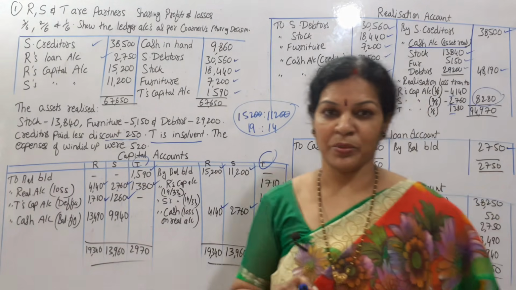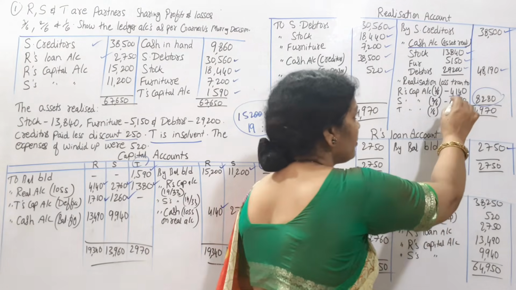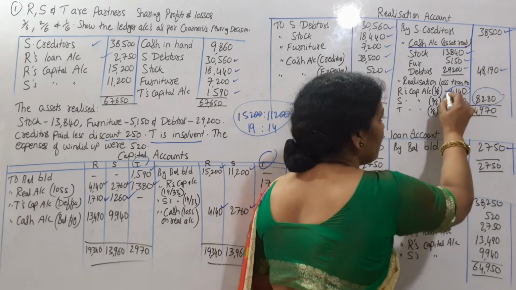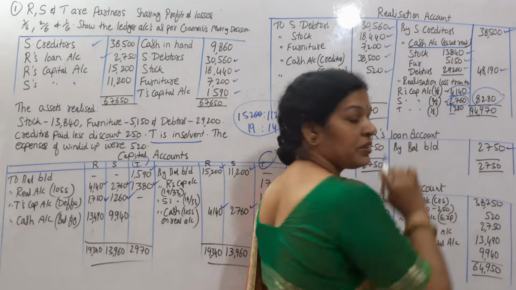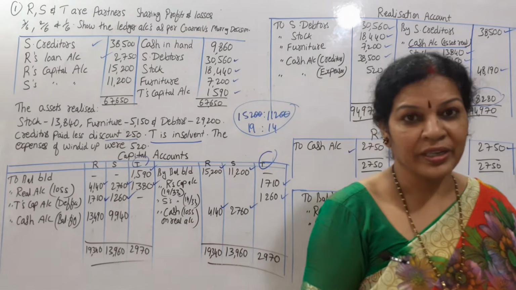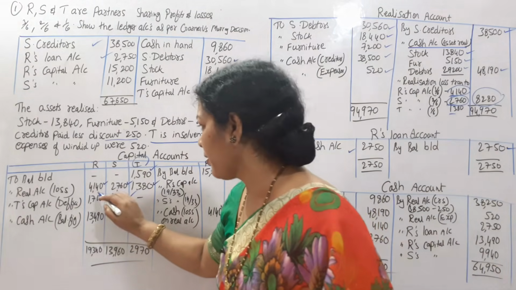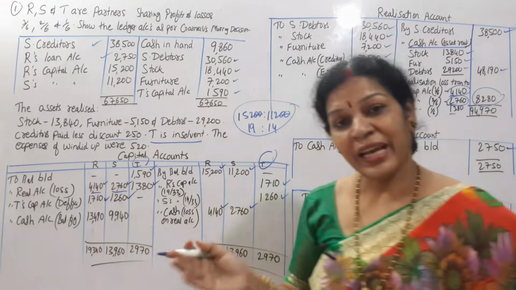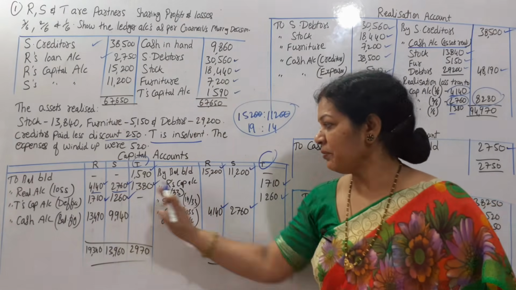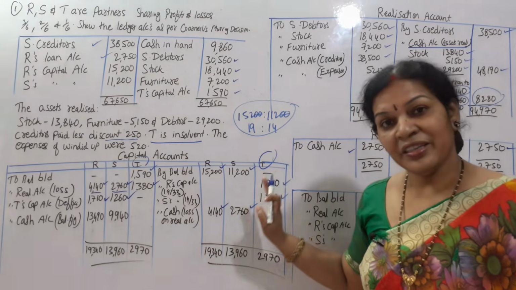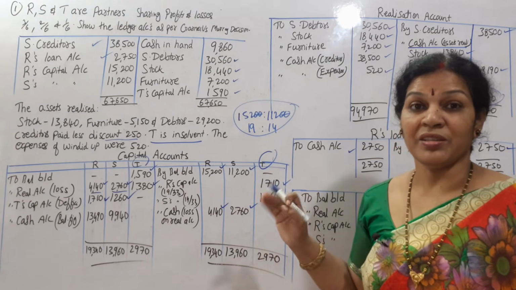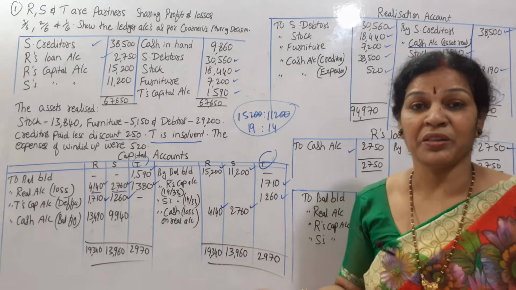Once again, let me explain. Loss of 4140, 2760. These two, credit to debit side, we have written one time. They have to bring it through the cash, so that is why we are writing on the credit side also, because the loss is going to be borne by these partners only.